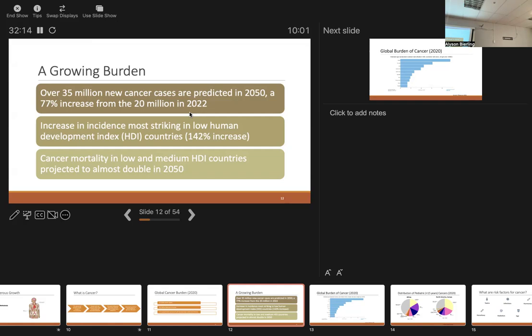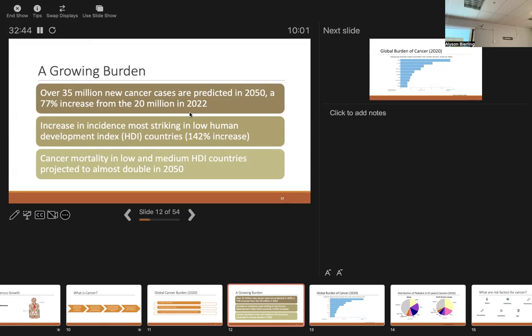So globally, in all countries overall, the incidence will increase by 77%, but in countries with a low human development index, that incidence is going to increase by about 142%. Okay, so the impact is going to be felt all over the globe, but especially in countries like Lesotho.